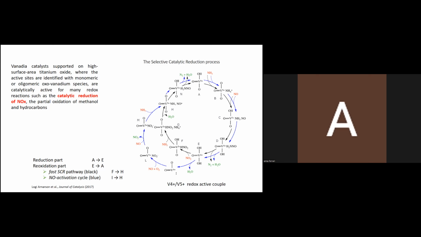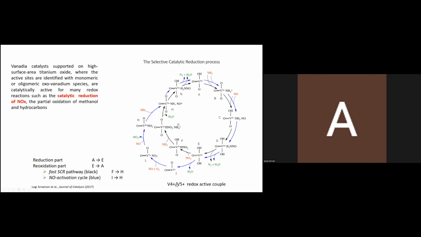And vanadium complexes are active species for this reduction. We can also see that there is an interplay between vanadium 4 and vanadium 5, that is the redox active couple that are the catalyst for this reaction.